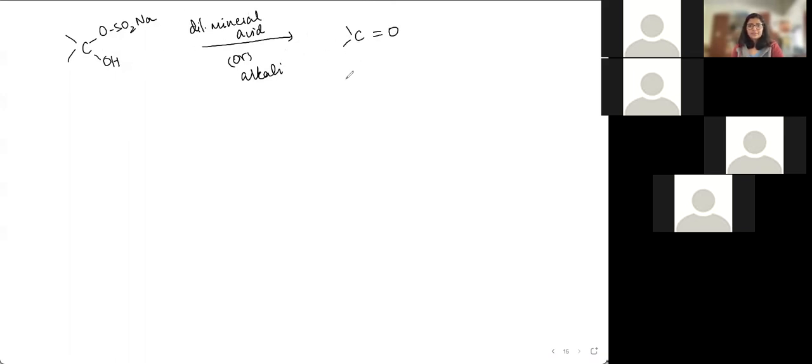So this method is used in the purification of aldehydes and ketones.